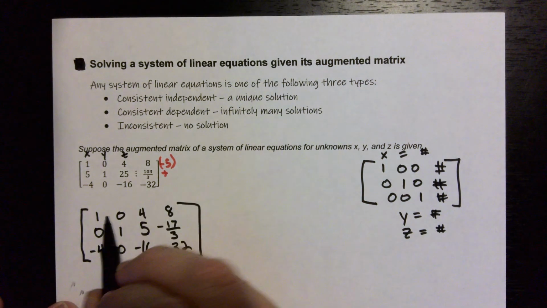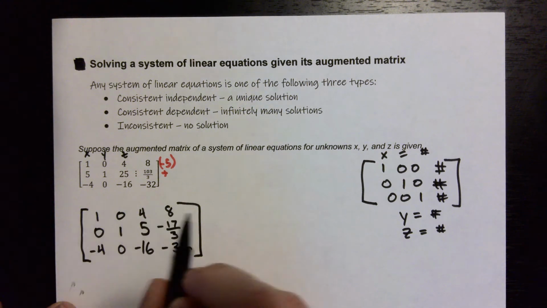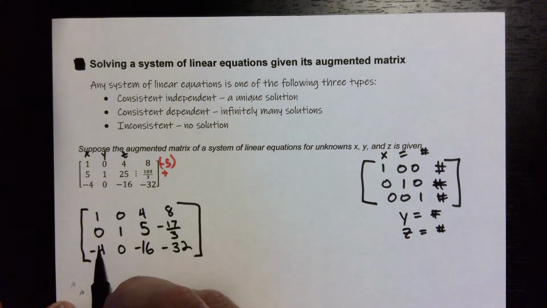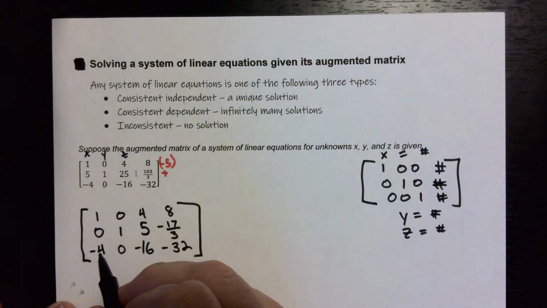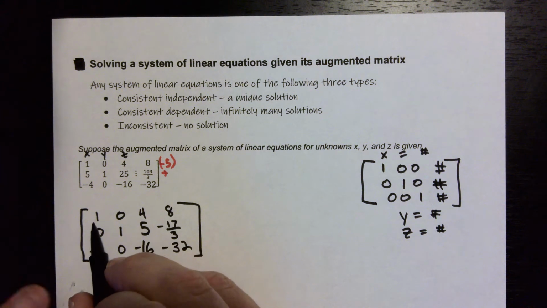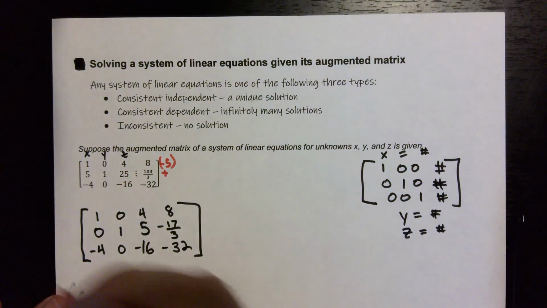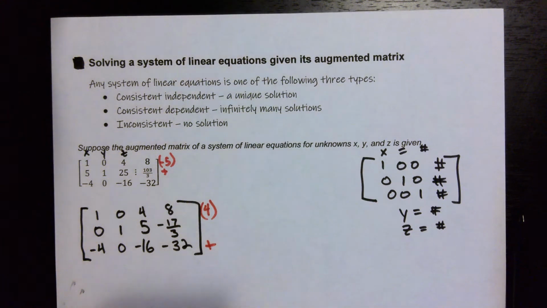Next I'm going to use this first row to try to get rid of this term. The same thing I did to the second row, I want to get a 0 here as well. So what can I multiply 1 by so it'll be the opposite of -4? I can multiply it by 4, and I'm going to add it to the third row.